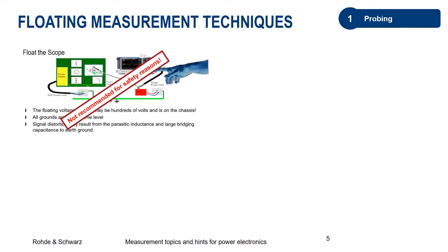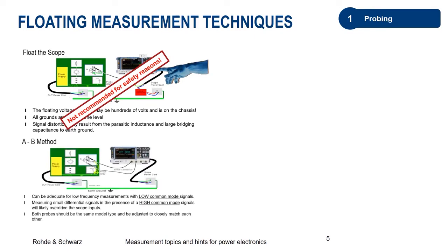Then there is the method called A-B, which means you use two passive probes and you just use the capability of every scope to subtract channel 1 minus channel 2 and make a differential measurement with that.